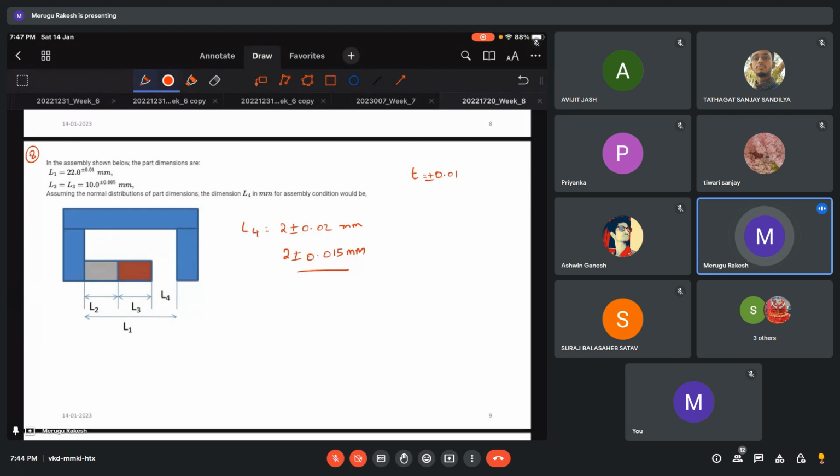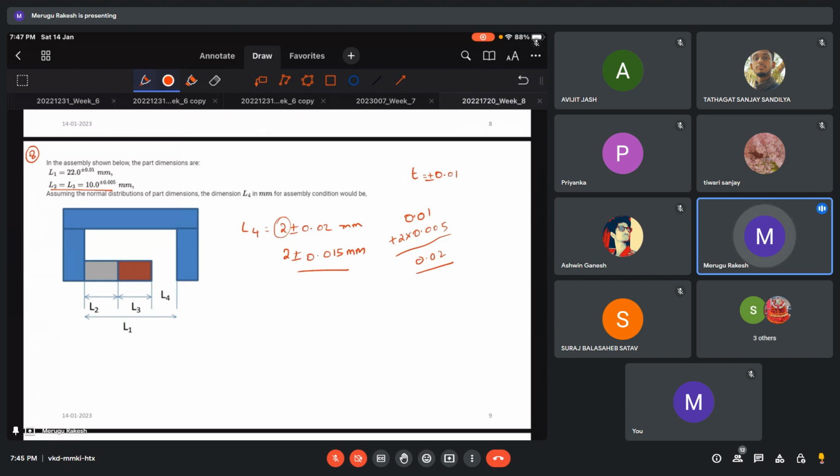Okay, nice. So don't be in a hurry. They have given it two times, so it will be into two. The total two you can easily get, that is 22 minus 20. Then the tolerance is 0.01 plus 2 times 0.005. You'll end up with 0.02.